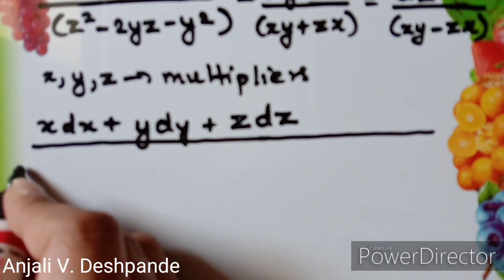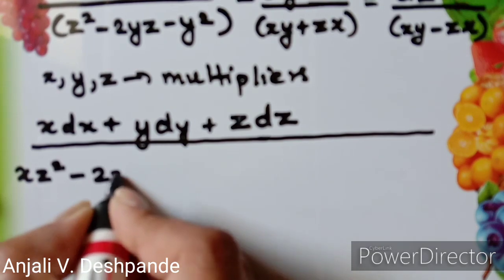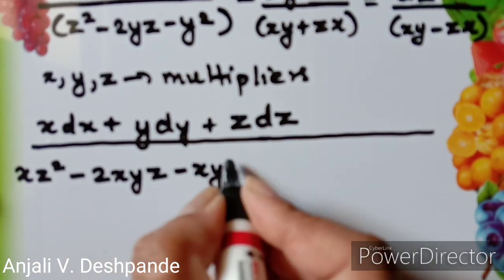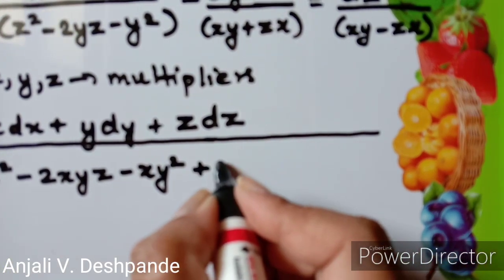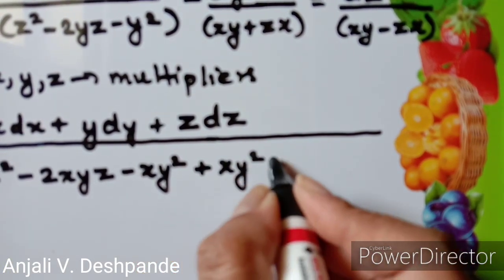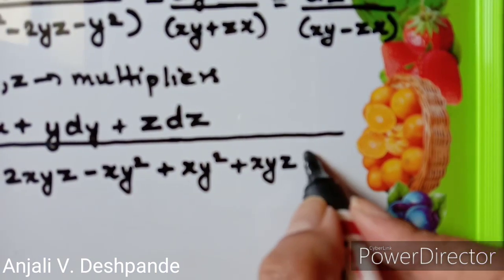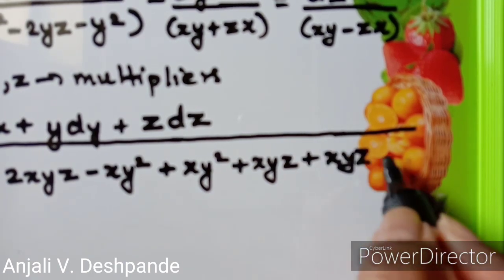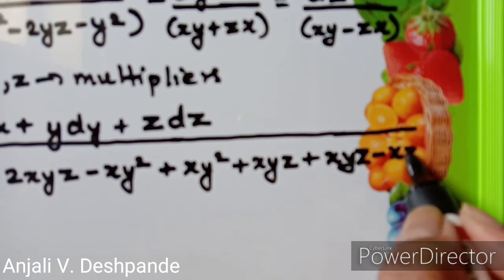So we are going to get xz square minus 2xyz minus xy square plus xy square plus xyz plus xyz minus xz square.